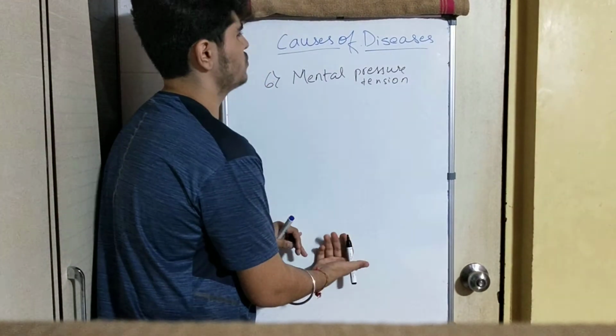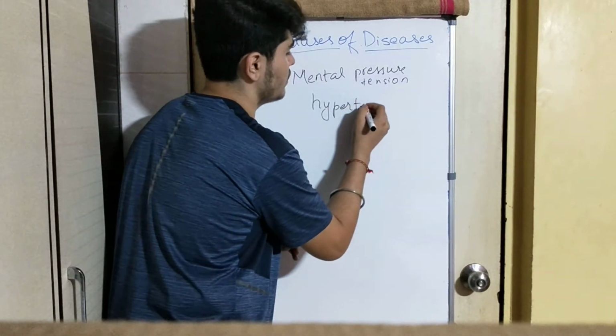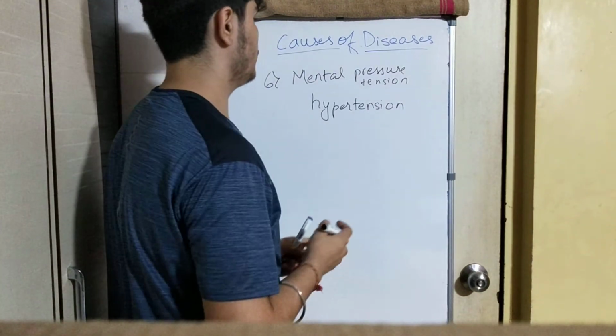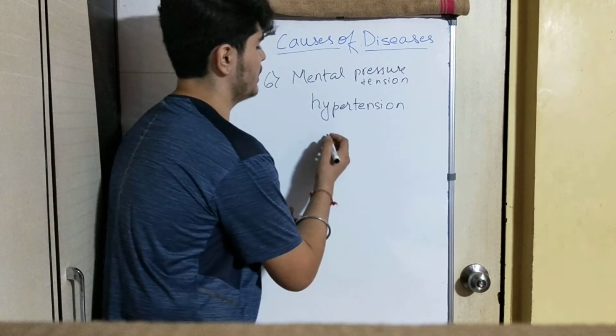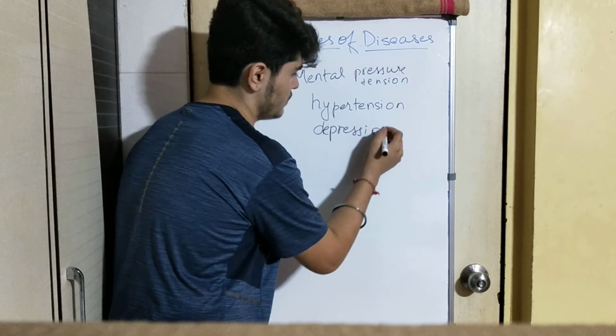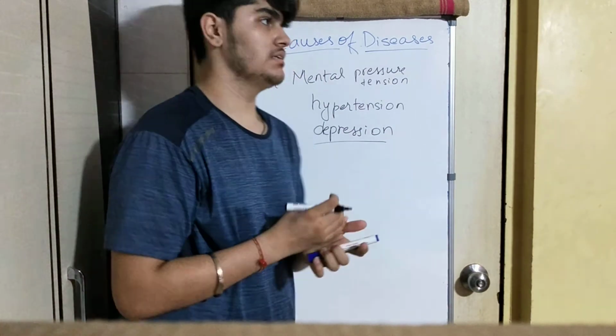It includes hypertension, thinking too much, or when you are in a depression, thinking in a very sad mood.